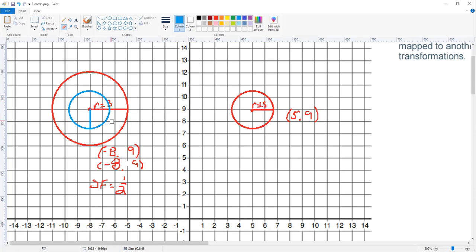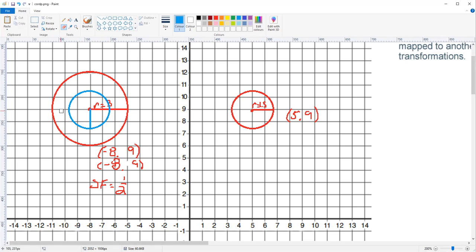So my change in x is going to be 5 minus -8, or it's just like 5 plus 8. 5 plus 8 is 13.